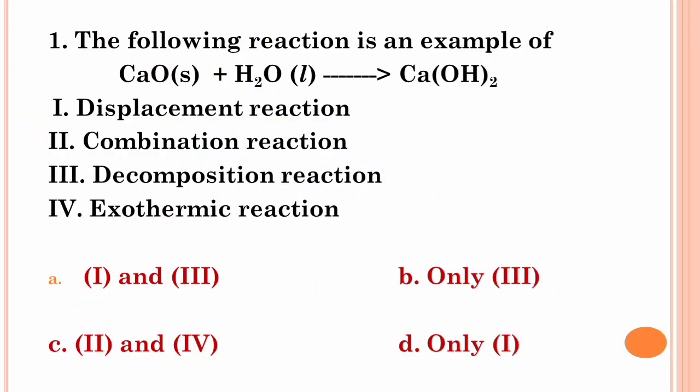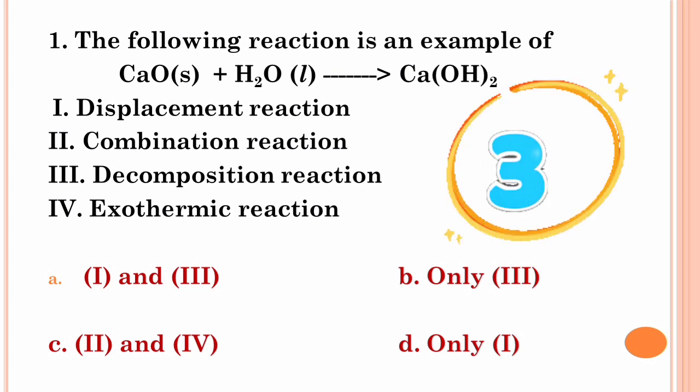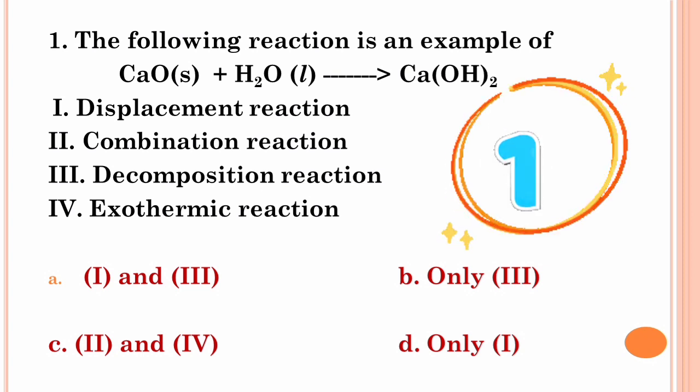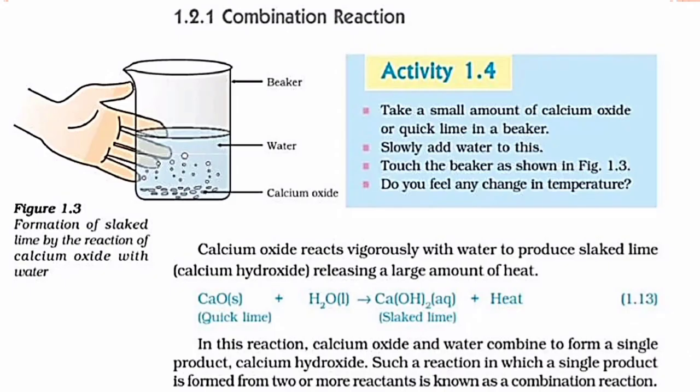So here is the first question. The following reaction is an example of: 1. displacement, 2. combination, 3. decomposition and 4. exothermic. The reaction is CaO plus H2O gives Ca(OH)2. If you recall, this is the first example that we learnt in combination reactions, the production of slaked lime by mixing water with quicklime.